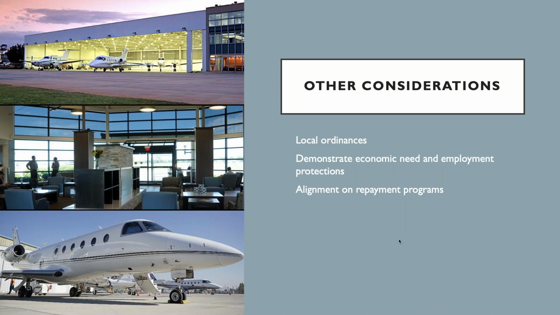So these are some of the pitfalls and hurdles in the alignment of these ordinances and these economic need demonstrations that you have to be mindful of as you're working with your airport sponsor and your community. And so that kind of completes the three of us talking.